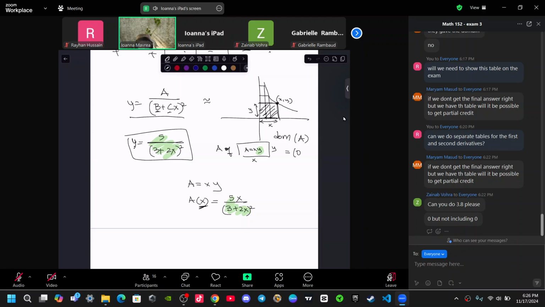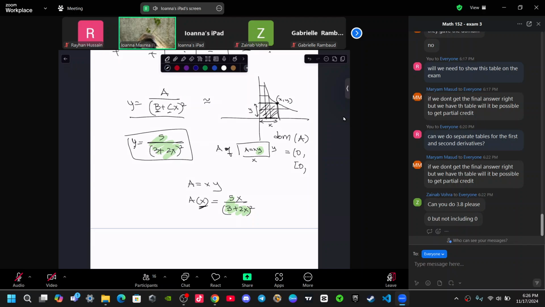So you can make it like that. You're going for a maximum area, you're not going for 0 area, but you can start at 0, you can close it, it's fine. But the practical domain is really open, it doesn't matter. How big can x be?